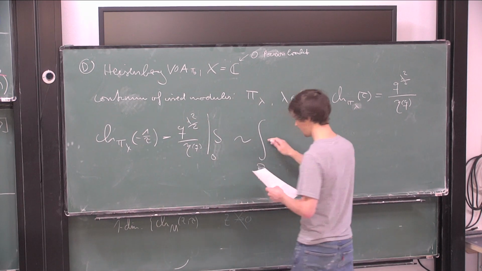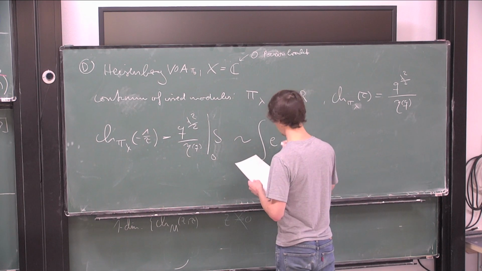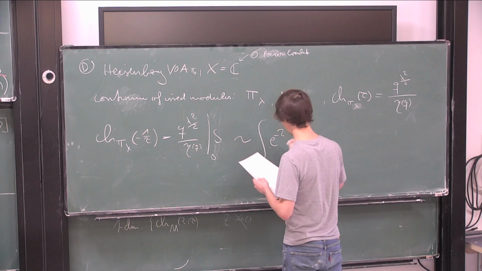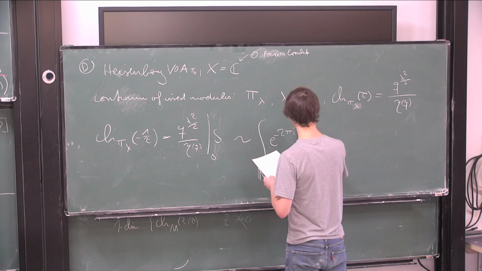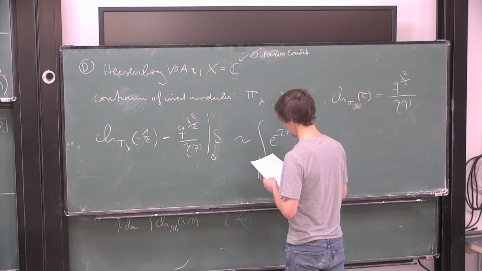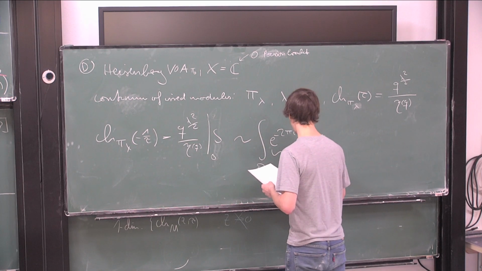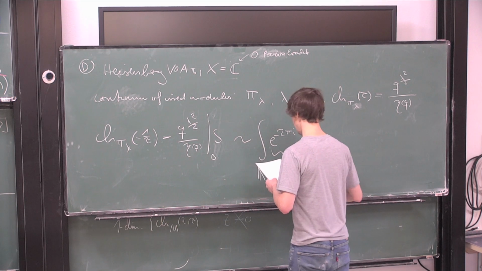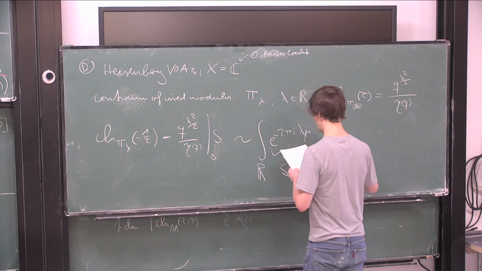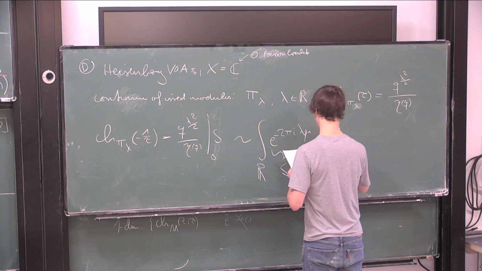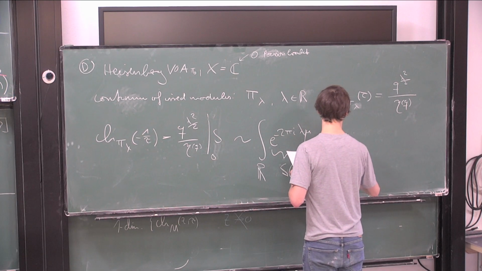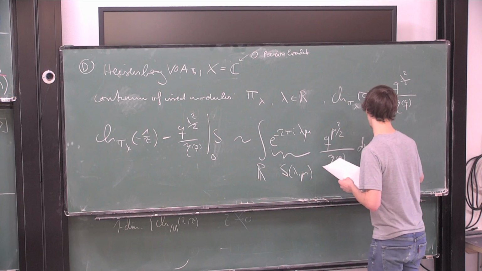There is not going to be an S matrix, but there will be an S kernel, and it's just going to be a Fourier transform, 2 pi i lambda times mu. So you want to call this S of lambda comma mu, times q to the mu squared halves over eta of q, d mu.